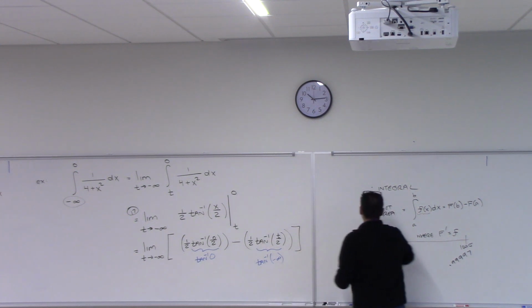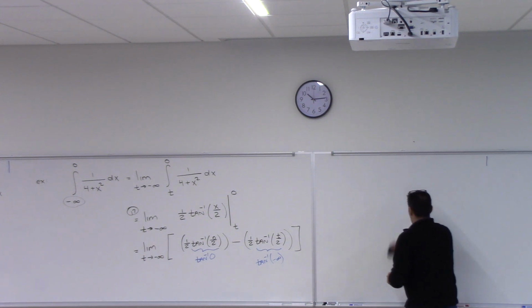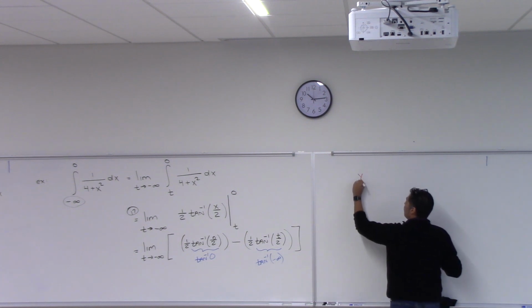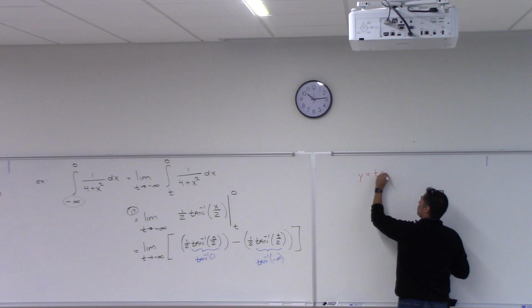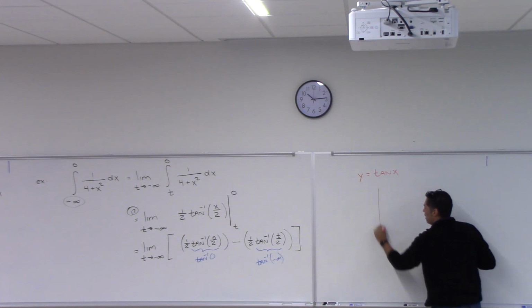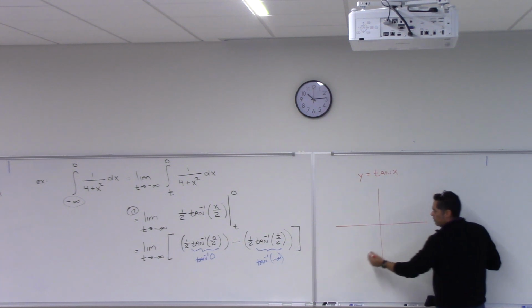Here's how I recommend you look at this. I recommend that you think about, I'll do it in red, what the graph of y equals tangent of x is. Y is tan x. Back in pre-cal, we learned what the tangent function looks like. This is also in your formula sheets, but you should know it.